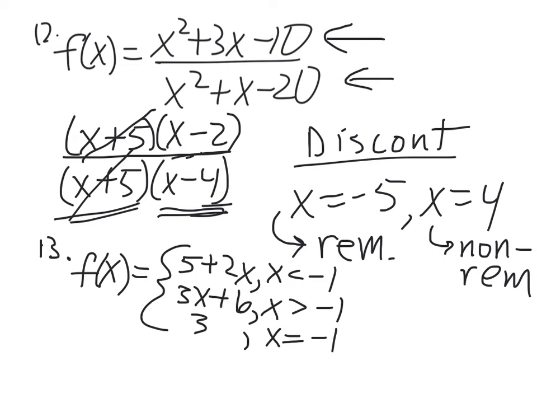One piece is when x is less than -1, one piece is when x is greater than -1, and then the third piece is just the single point when x equals -1. So, in a function like this, where might a discontinuity occur?